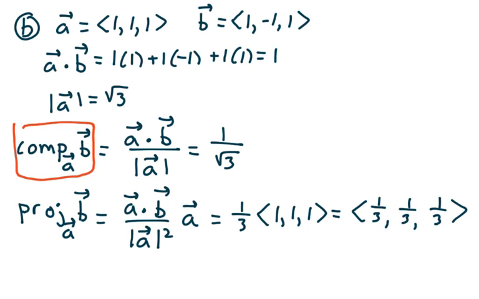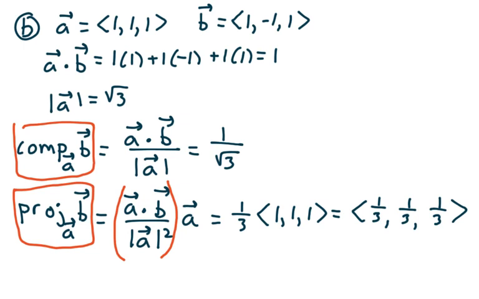The vector projection of B onto A, that's this piece right here, is the dot product of A and B divided by the magnitude of A squared, that's a scalar, times A. So it's a scalar multiple of A. And so we get 1/3, right?